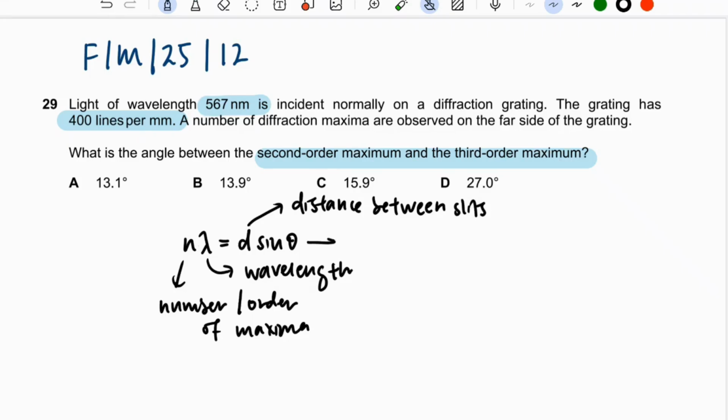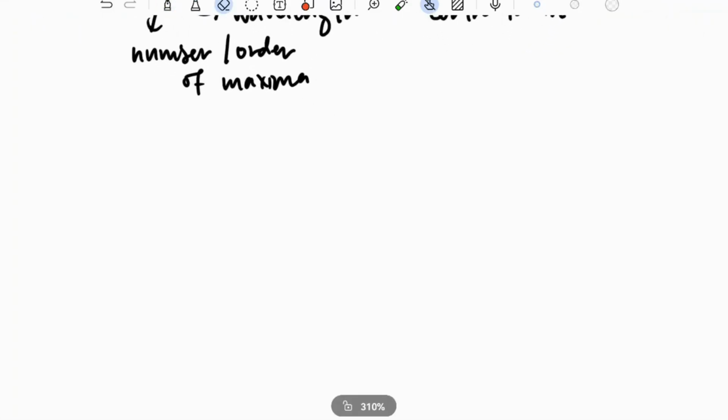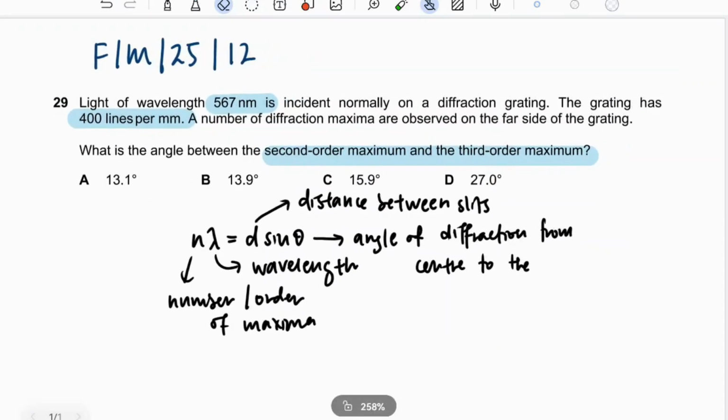And theta here is the angle of diffraction from the center to the nth order.